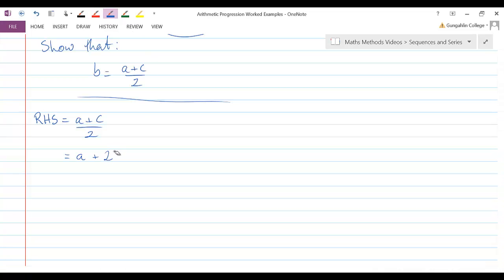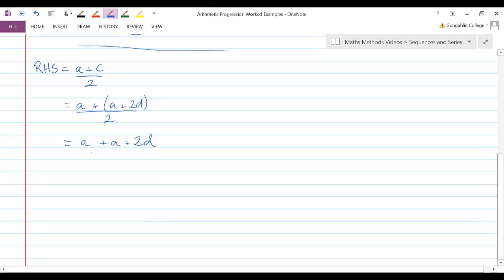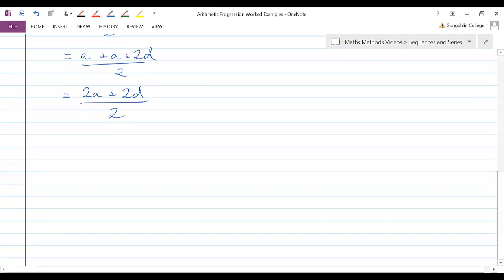Sorry, that A is this A here, plus C needs to become A plus 2D. I'll rewrite that without the brackets, and tidying up, I get (2A plus 2D) divided by 2.